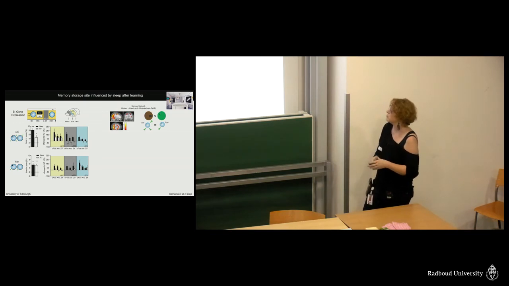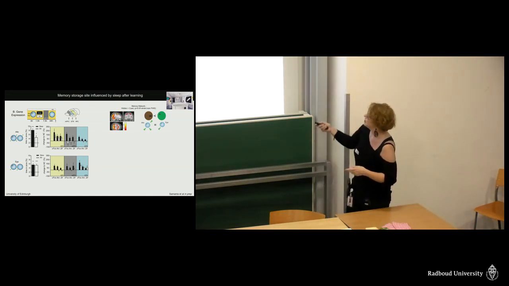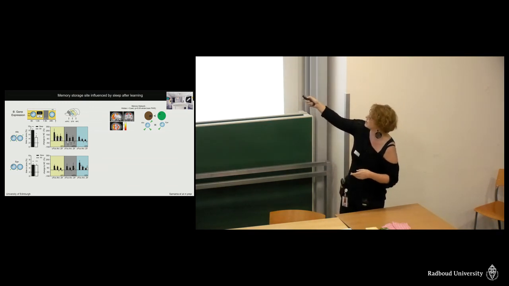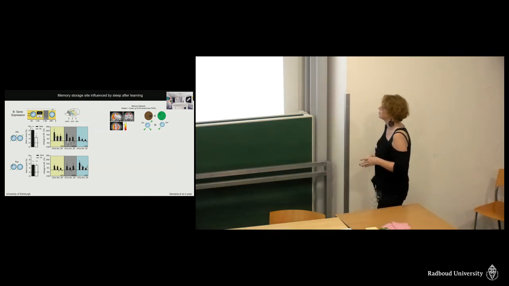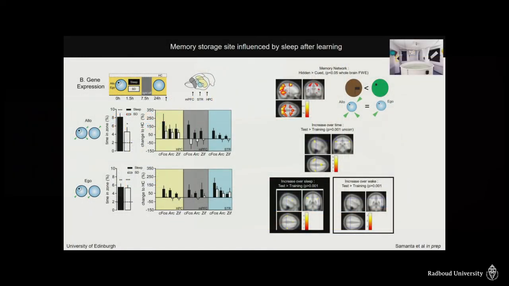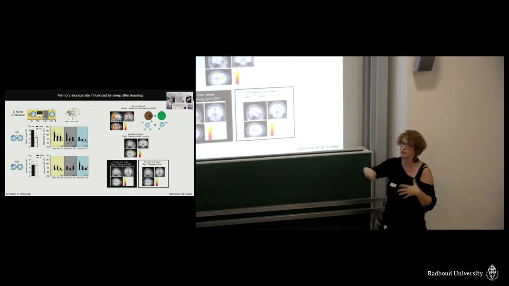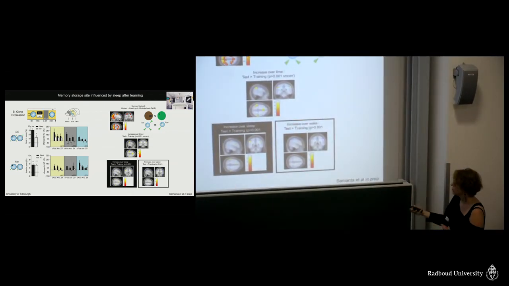Now with humans, we used fMRI. We didn't do the gene expression analysis. This is roughly the brain area you use in this task. What we could see is that it's similar to what we see in the rodents, where they use the whole brain in both conditions if they've slept. After sleep, at the test, they tend to use the cortical areas more, which we think is systems consolidation.